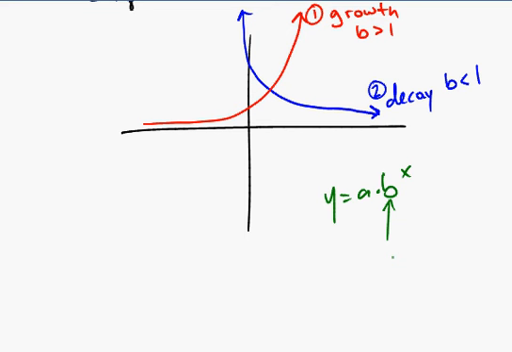Like the blue one, the a was 4. The red one, the a was 3, right? So this is b less than 1, positive a. This is b greater than 1, positive a. Okay? So let's try, I don't know, b greater than 1, negative a. Let's see what that looks like. Okay? And then we'll try the last one, b less than 1, negative a. That'll be all 4 shapes that we need to do. Okay? All right, number 3.